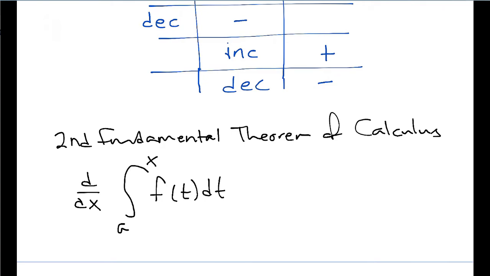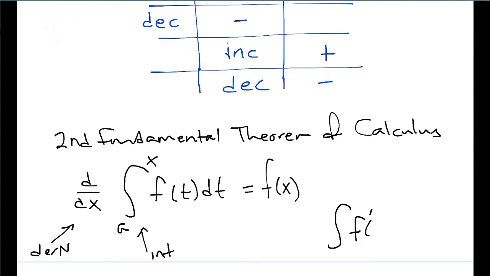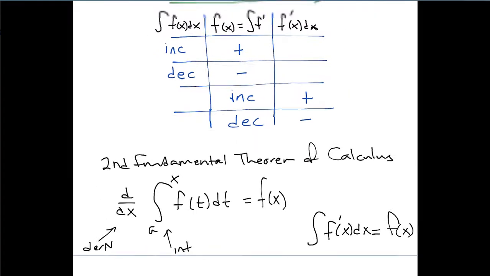This is the derivative, this is the integral. So if they are truly opposites, they should undo each other. You should just get f of x. Similarly, if you integrate f prime of x dx, you should just get f of x. That's what we're talking about up there in that chart.